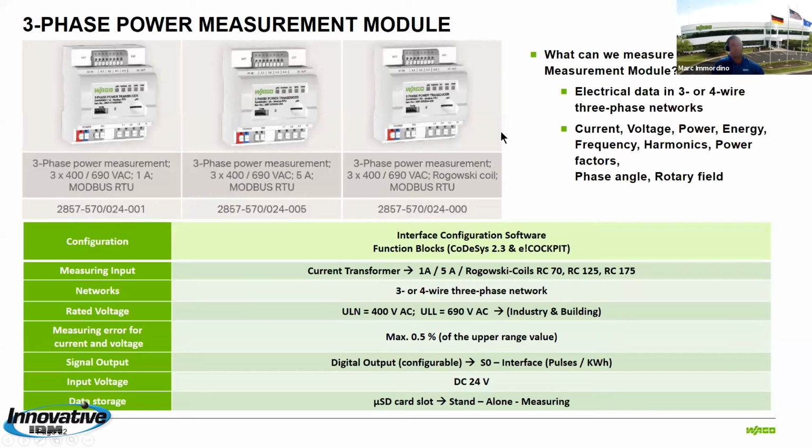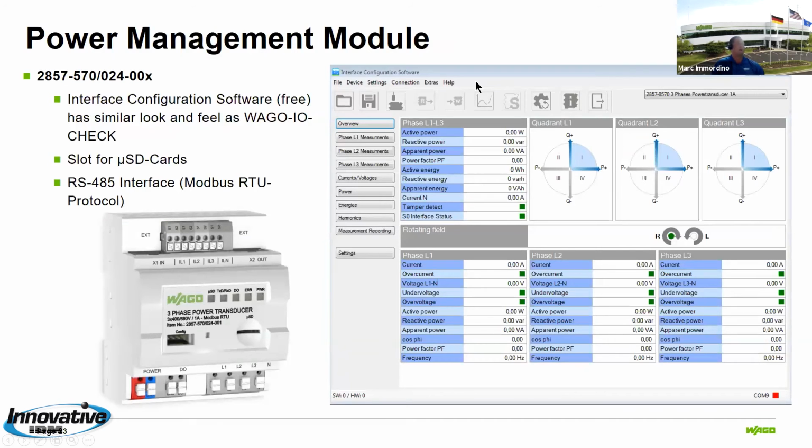These work with CTs. You'll see there are versions where the 1 amp and the 5 amp are for CTs, and then the Rogowski coil version. You can pull this data in, as I mentioned, and then send it out over a field bus connection. You can also log it onto a micro SD card as well. Another thing is we have this interface software.